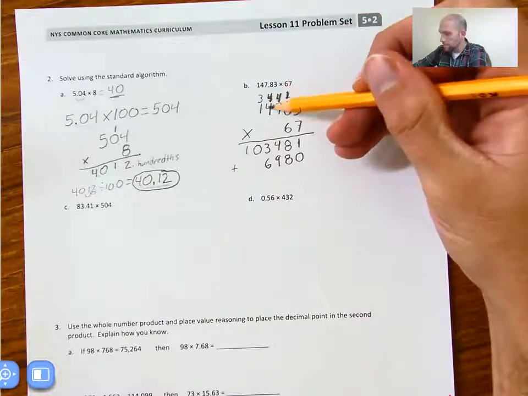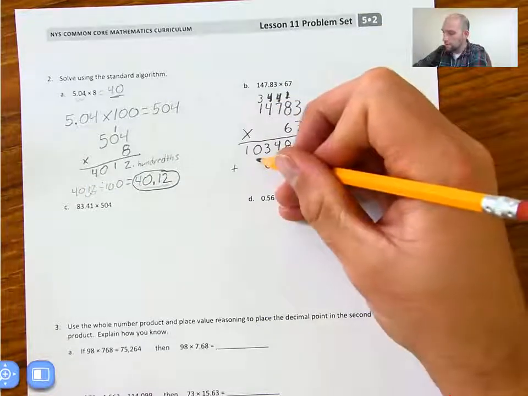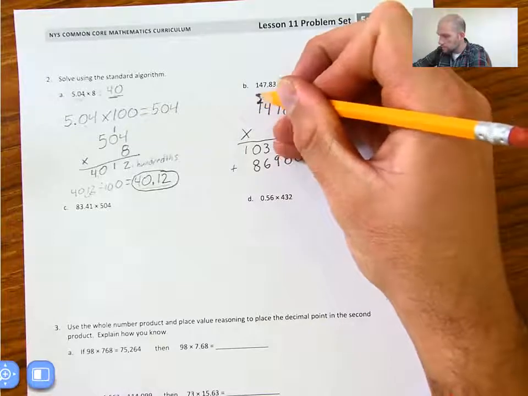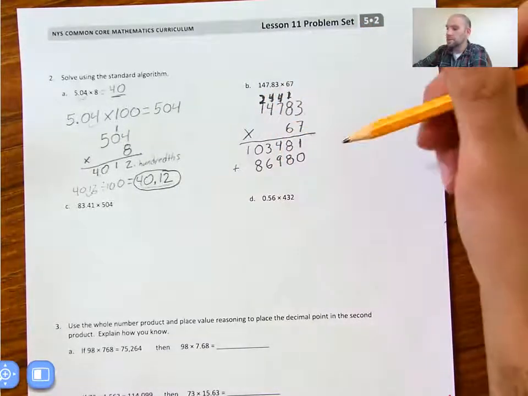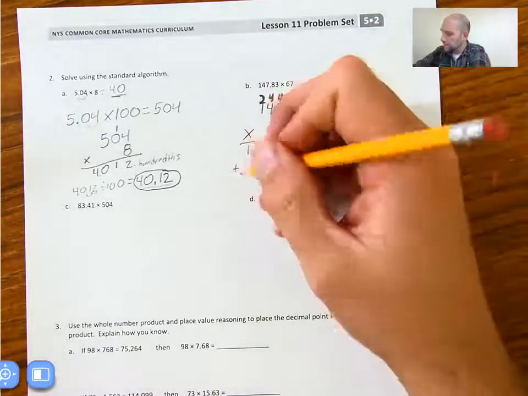And then 4 times 6 is 24, plus 4 is 28. And then 1 times 6 is 6, plus 2 is 8.